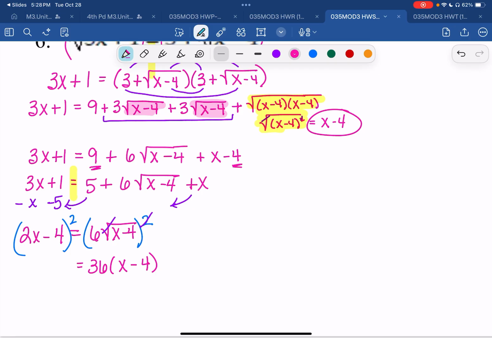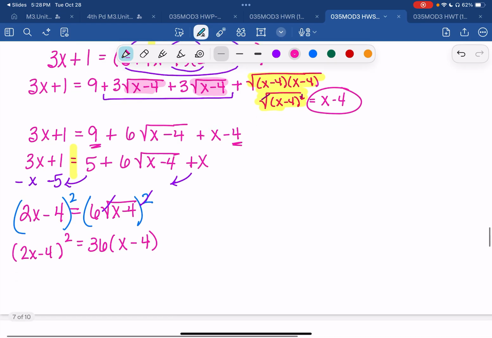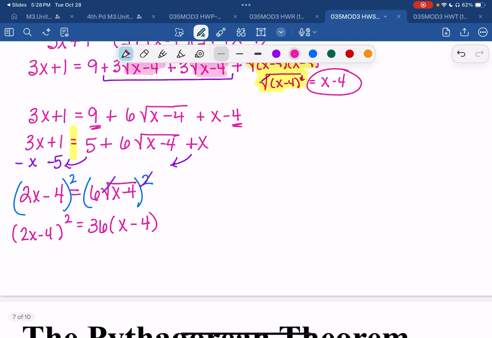On this left side, though, I do have to multiply that out. I have to write that 2 times. That we're going to have to work out. All right, so it's getting to be a long problem. I've got 2x minus 4 times 2x minus 4. I'm going to take that 36 and send that through.